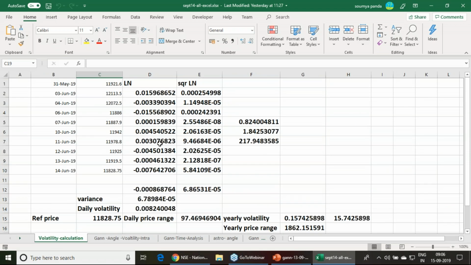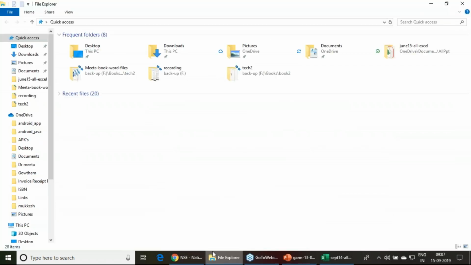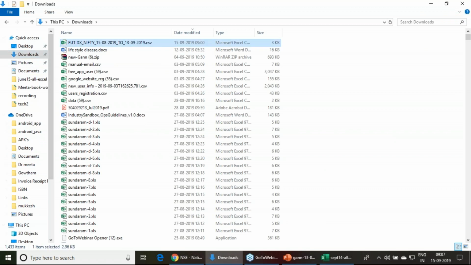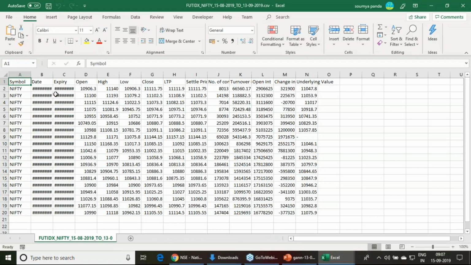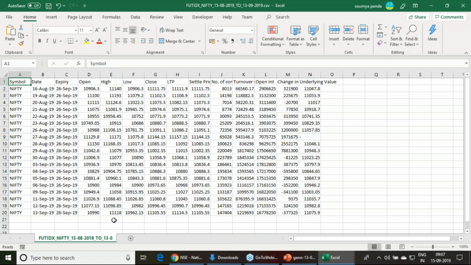I have given an Excel sheet here, with a logarithmic process, by means of which you take the past 10 days of last traded price data to get the volatility. I am analyzing the Nifty, so I have taken the past trailing 10 days of Nifty futures data for the September expiry, till 13th September. LTP is there, so I have to take 10 data points.